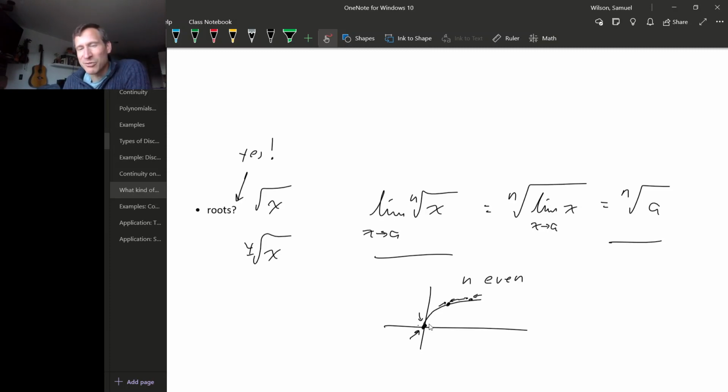But if you allow one-sided continuity, so that being continuous just from the right, or the limit from the right is equal to the value of the function, then it's continuous even at 0. So whether that counts as being continuous or not depends on the context that you're working in. But certainly at x values away from 0, even these even root functions are continuous.